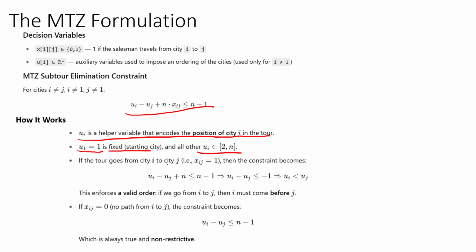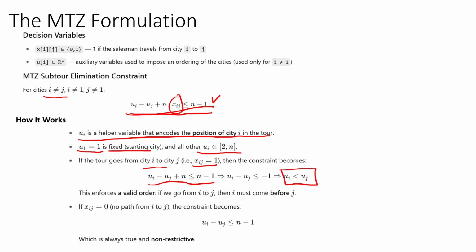Then if the tour goes from city i to city j, x_ij is going to be 1. Then we can write this constraint as u_i minus u_j plus n is less than or equal to n minus 1. If we simplify this constraint, we ultimately get that u_j is always greater than u_i, where i should not be equal to j.